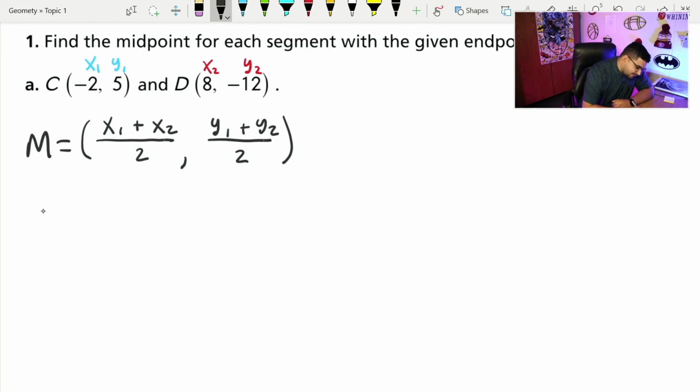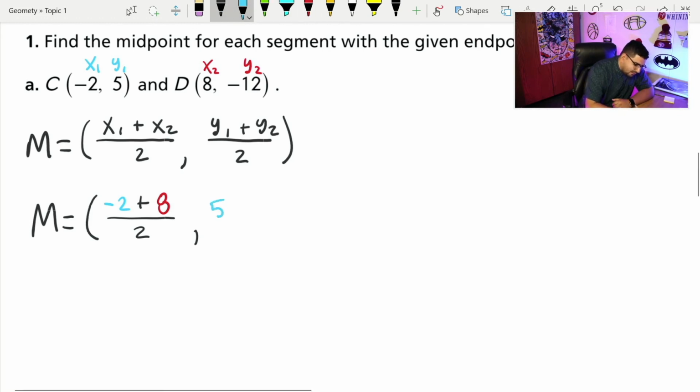So now let's have M equals, let's plug those in. For X1, I have -2 plus my X2, which in this case is 8. All that divided by 2, comma, Y1, which in this case is 5, plus Y2, which in this case is -12.